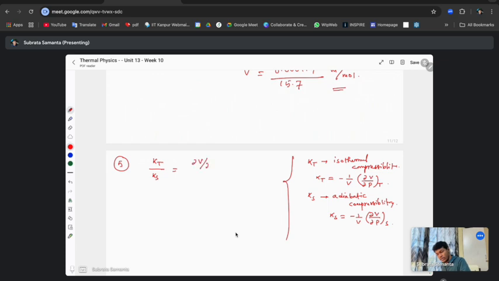So we get del V over del P at constant temperature over del V over del P at constant entropy S.